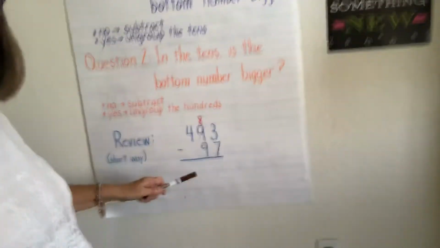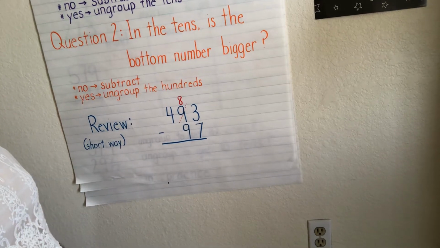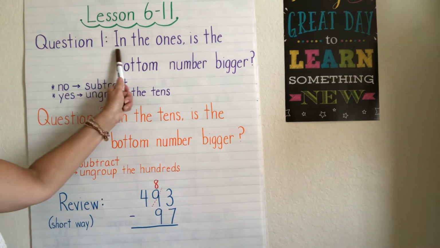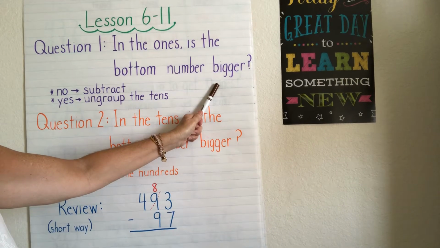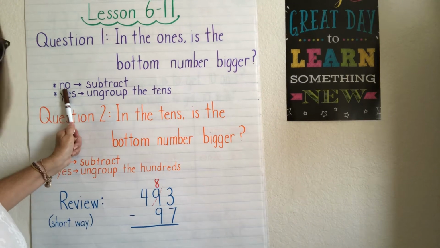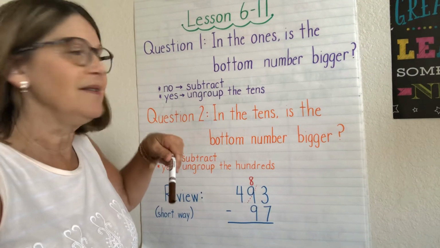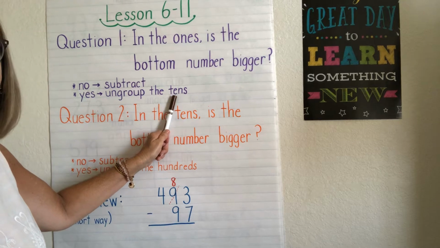Remember, when we see a subtraction problem with 2 or 3 digits, we have to ask ourselves first, in the ones, is the bottom number bigger? Gotta ask that first. If the answer is no, if the bottom number is not bigger, just go ahead and subtract the ones. But if the answer is yes, you'll have to ungroup the tens.